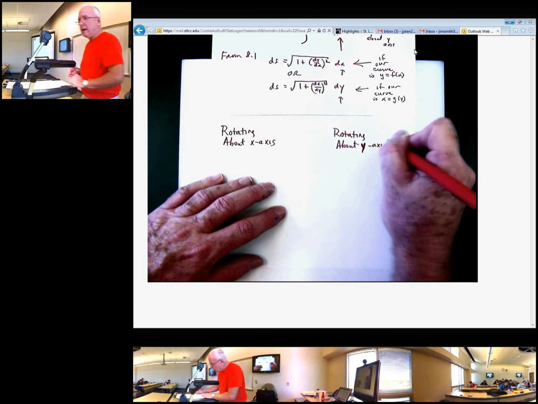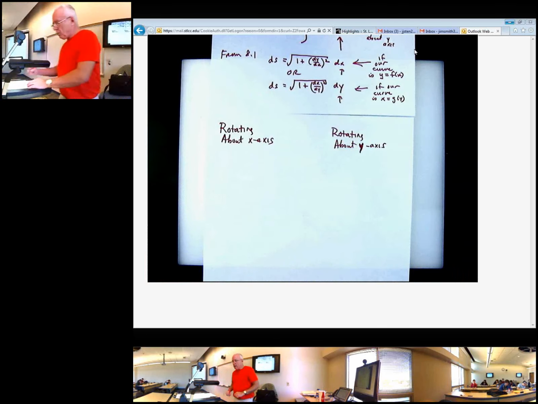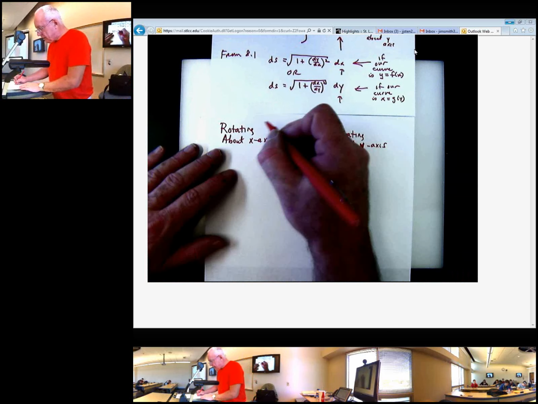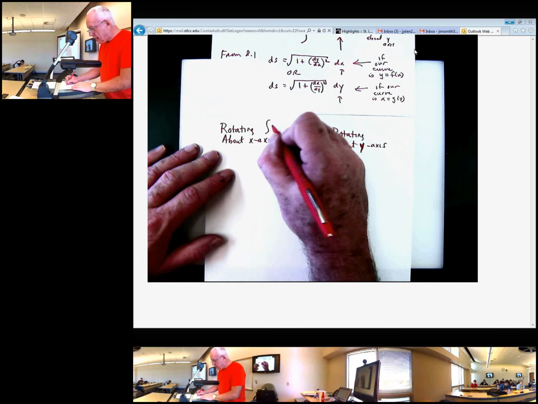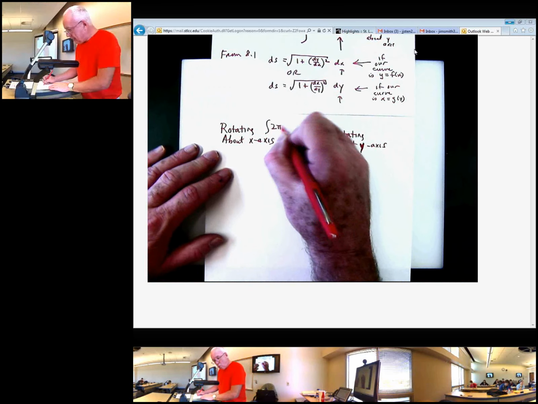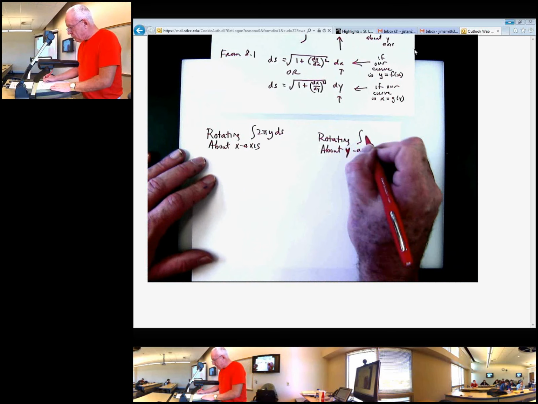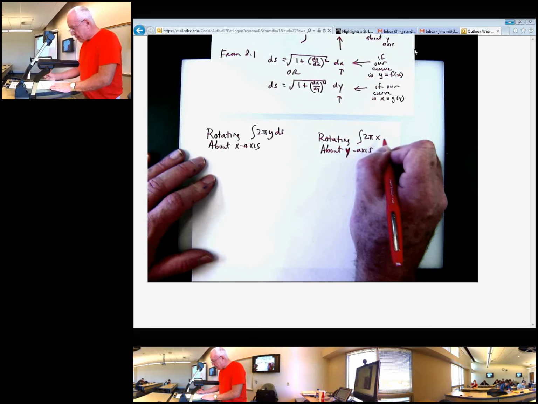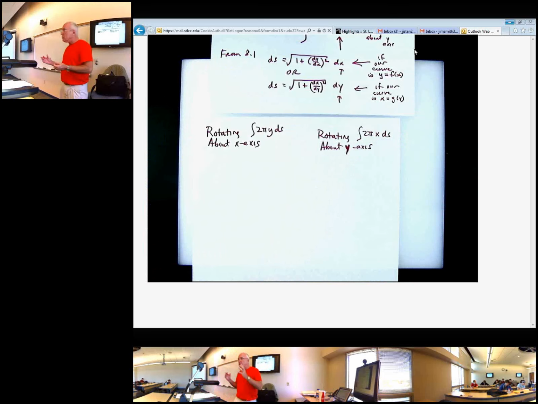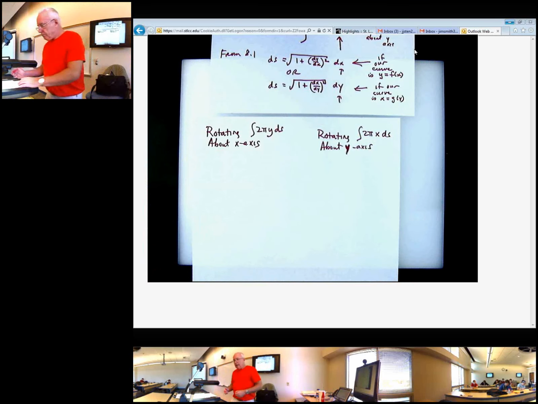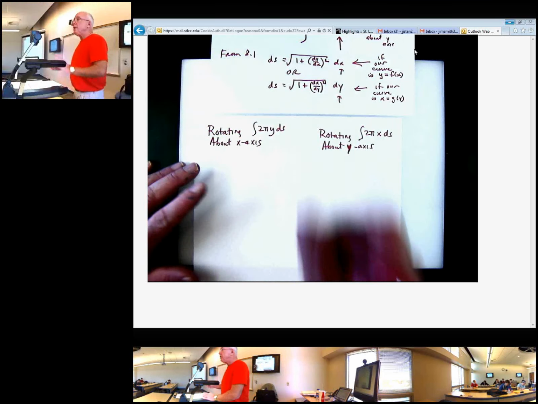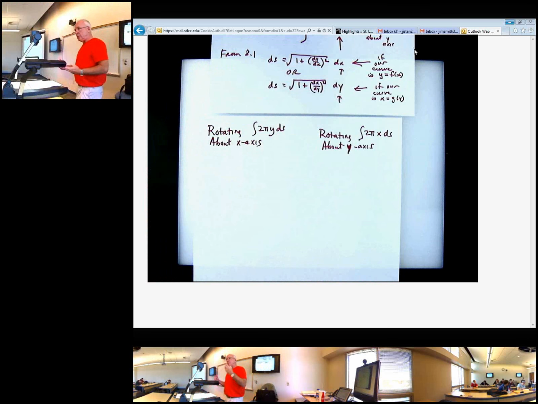Remember, if we're rotating about the x-axis, the general thing is going to be 2 pi y ds. If we're rotating about the y-axis, it's going to be 2 pi x ds. That's our general format. Now, in each of these, we have two possible cases.